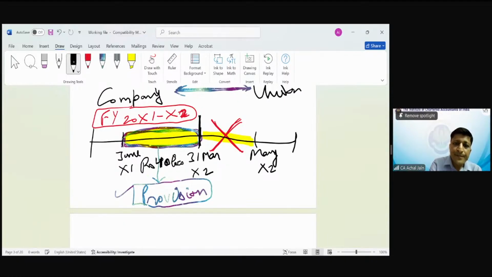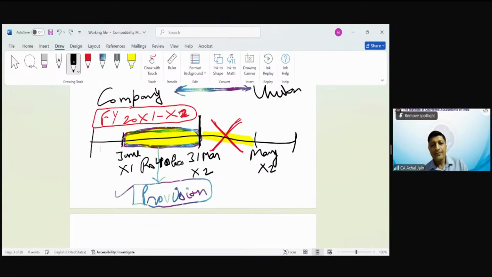Sir, if the financial year was given as 20X2-X3, then what should we do? You tell me. Another 40 lakhs we have to record as provision? No, how do you know another 40 lakhs? This 40 lakhs is only an example. The question is not talking about 40 lakhs.